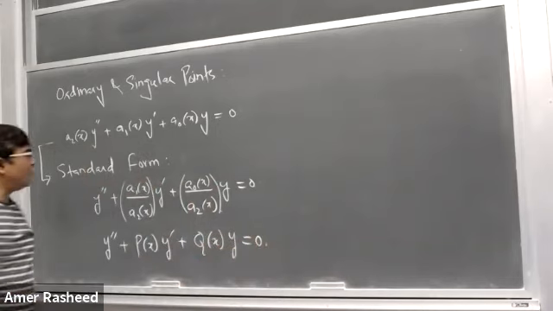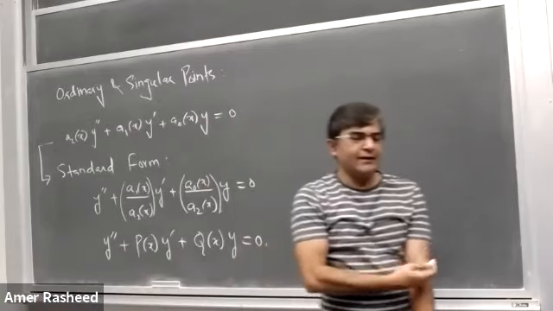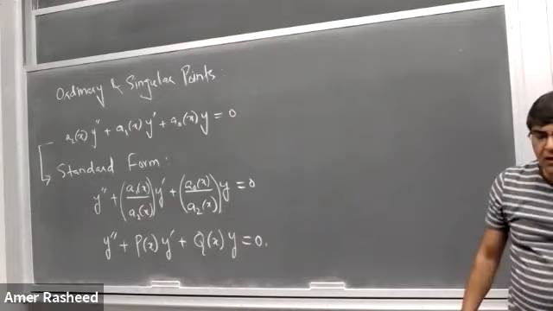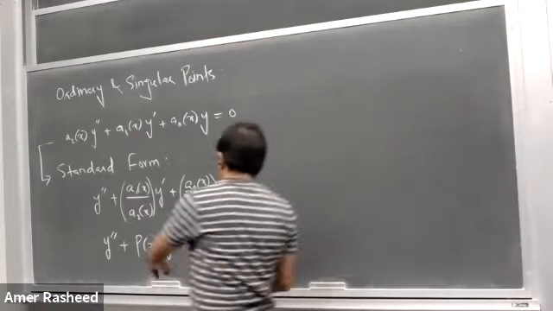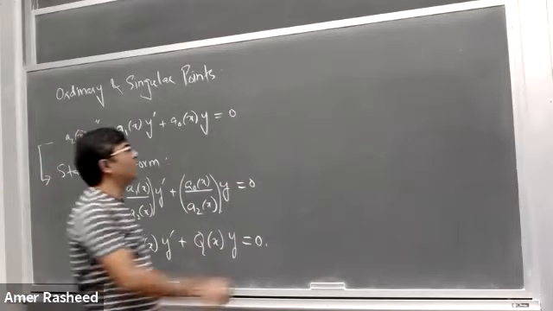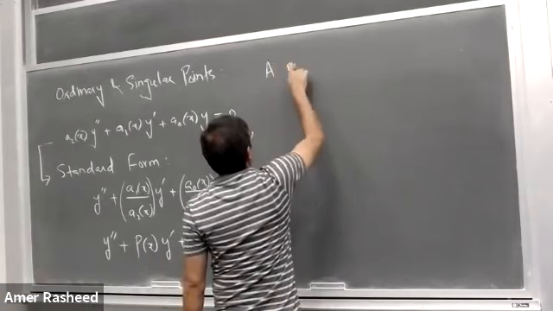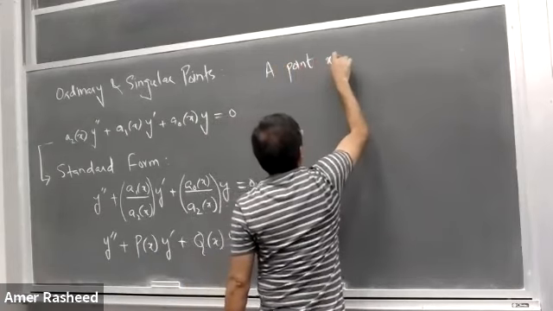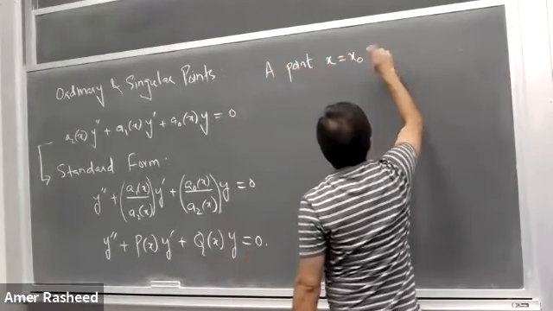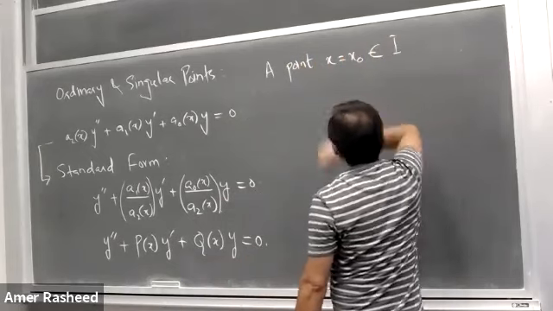Now, what are the ordinary and singular points? A point x equal to x naught, which belongs to the domain interval I of the differential equation.